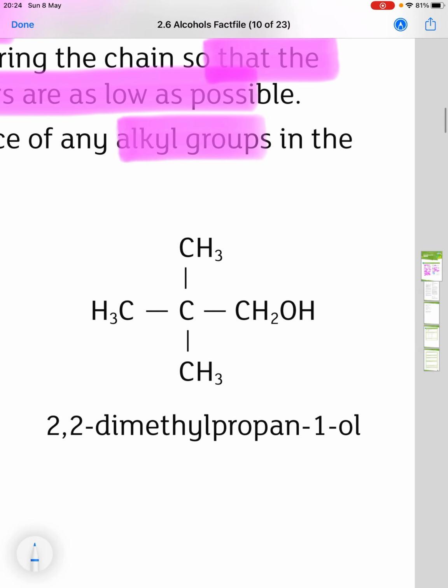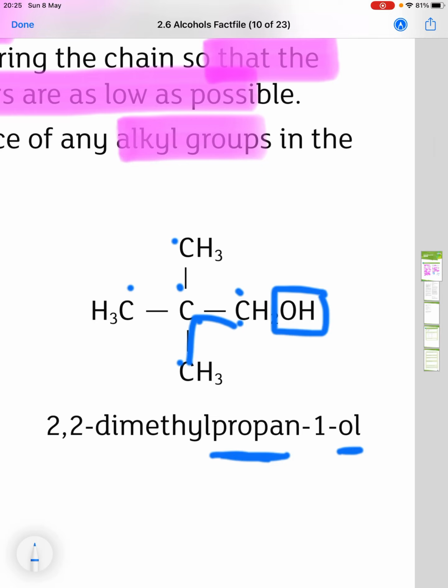In this next example, we have 2,2-dimethylpropan-1-ol. So the longest chain is 3 carbons in whatever direction you go. If you go this way, or even going 1, 2, 3 from the middle to the bottom left. So longest chain is 3, so that's our propan, and then the ol for the hydroxyl group.